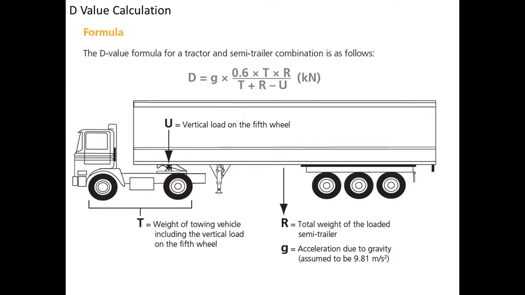Now this vertical load on the fifth wheel is generally 1/3 of the total load of the trailer. In this case, R is the total weight of the loaded semi trailer, and then U will be 1/3 of the R.